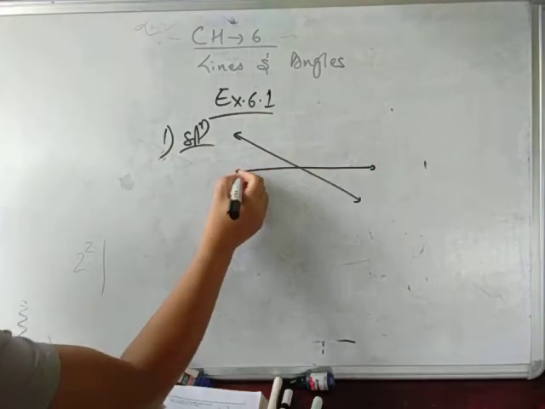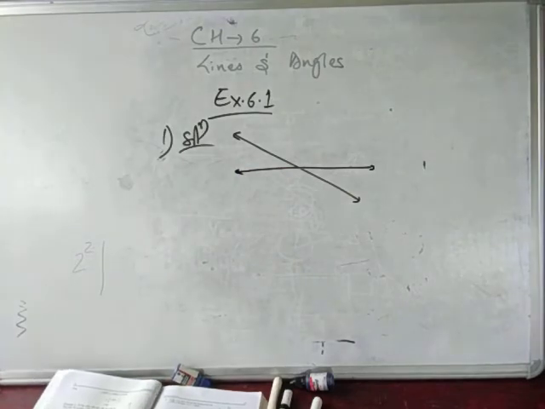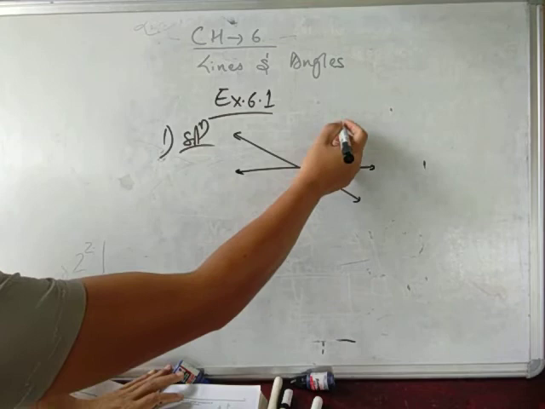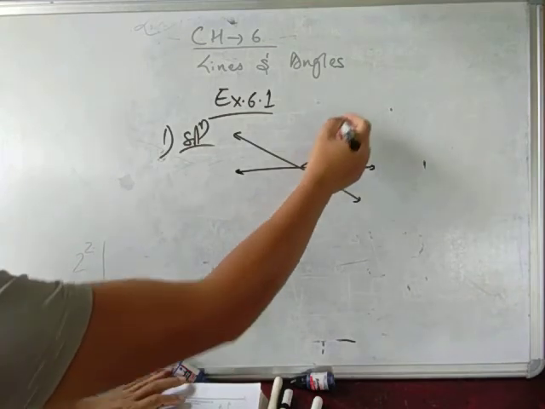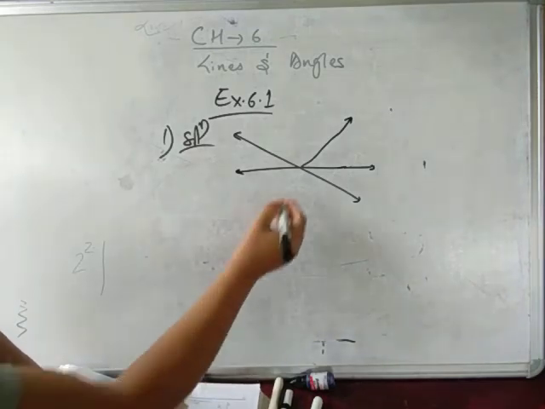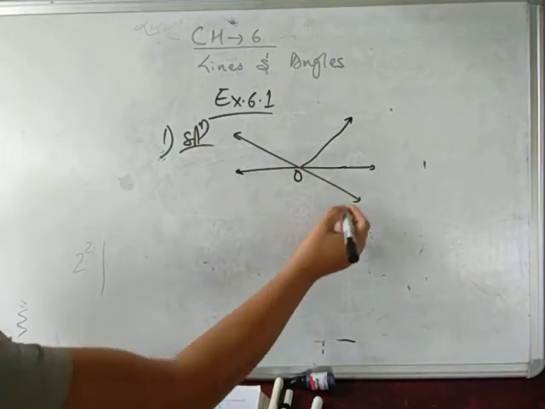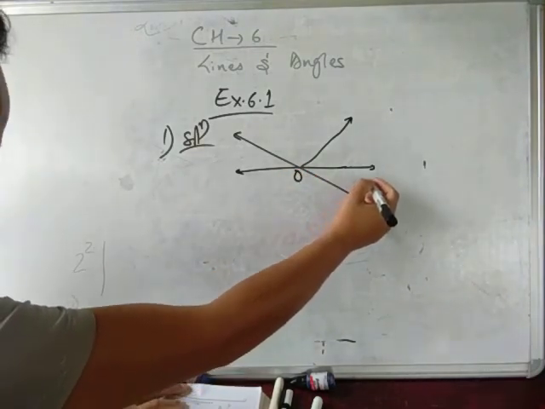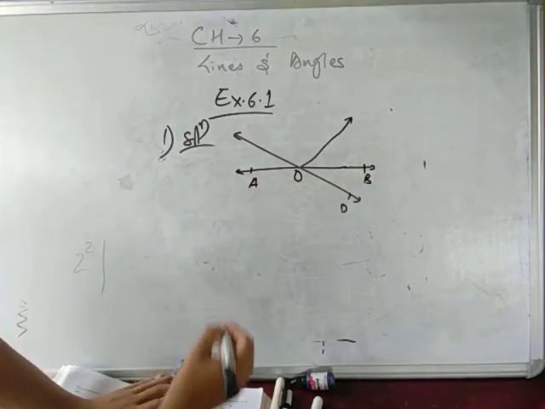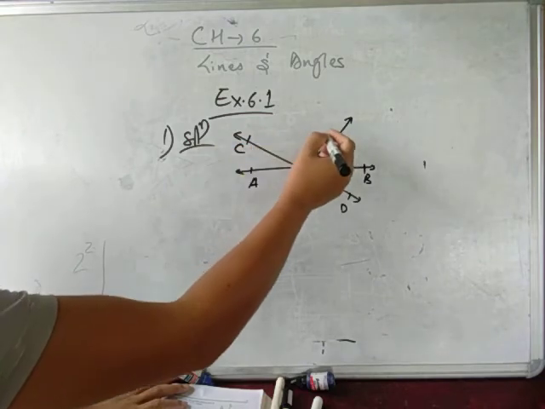First, to solve this geometry, you should draw the figure first, otherwise you will not get the marks. So this is the figure. Okay, exactly. So this point is O, this point is D, this point is B, this is your A, C and E.